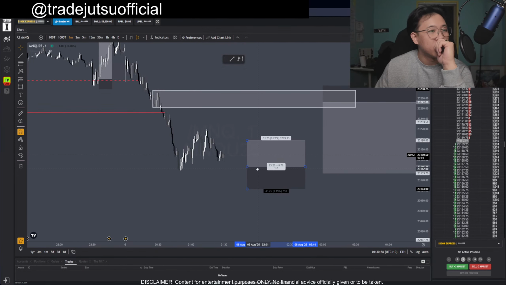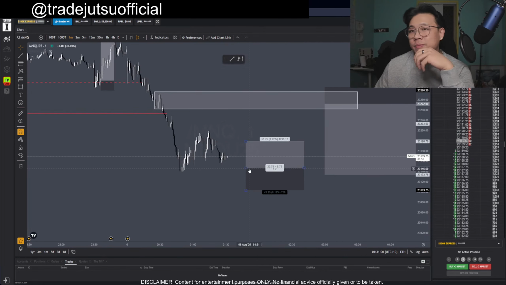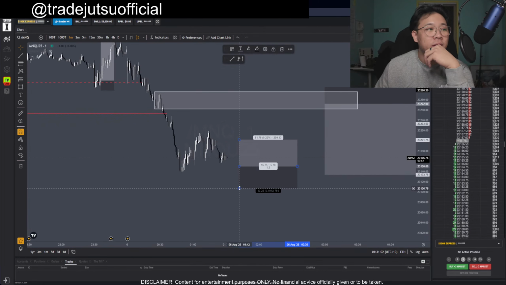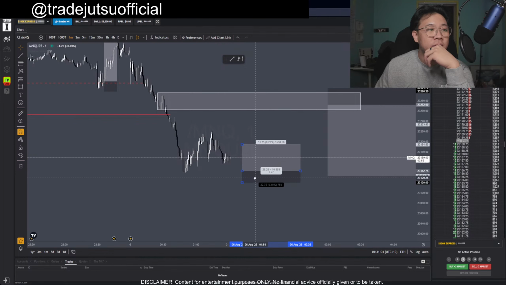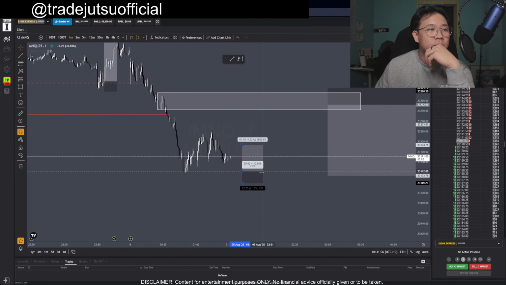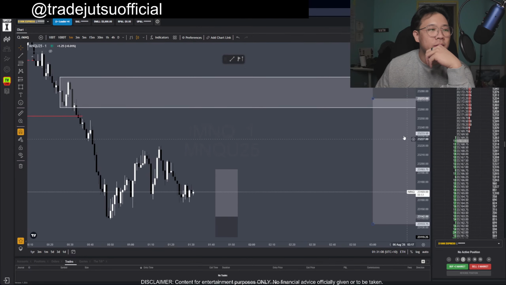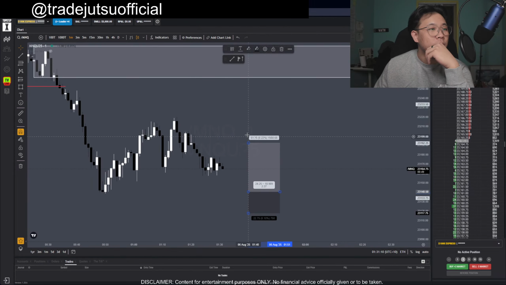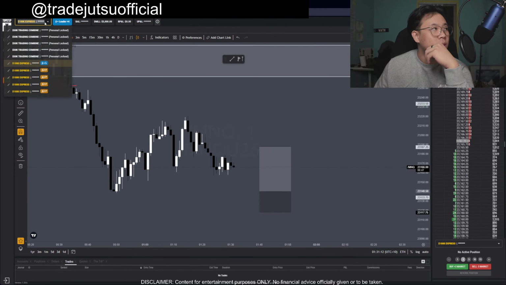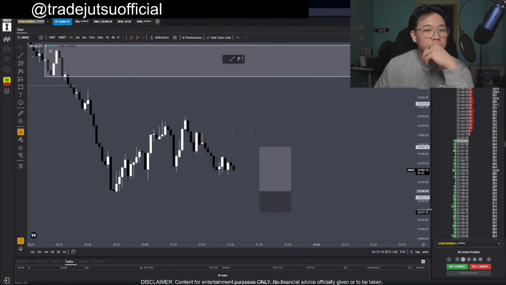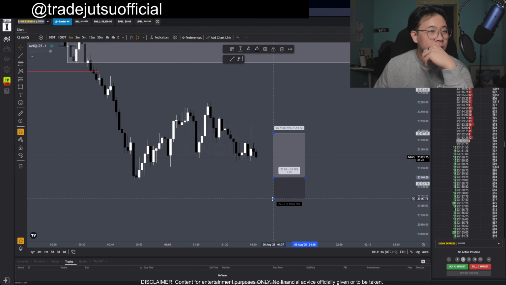Maybe I'm going to just look at something back here, something like this, something really on the external side. I want to keep it tight. Realistically, if I was to take a trade, all I would be aiming for is a quick $200 scalp. If it's a 20 or 25-point stop loss, what would that be?